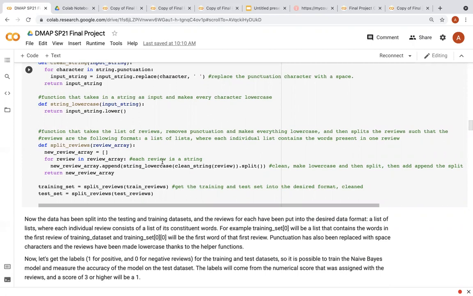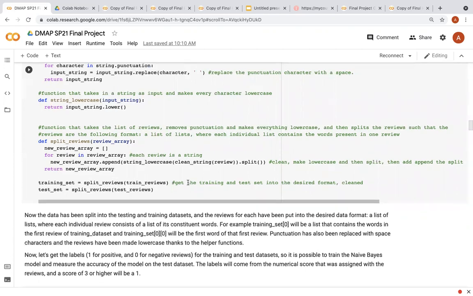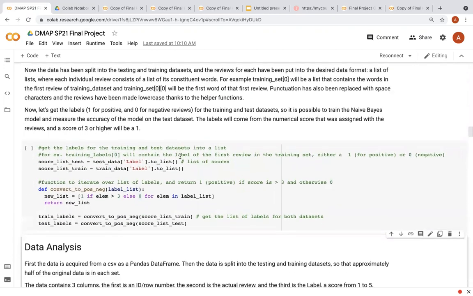So let's say my 2D array of reviews: reviews 0 would be the list that consists of the words of the first review. Review 00 would be the first word of the first review. So I wanted it in that 2D structure. So I split the reviews in that structure for both the training and test sets.